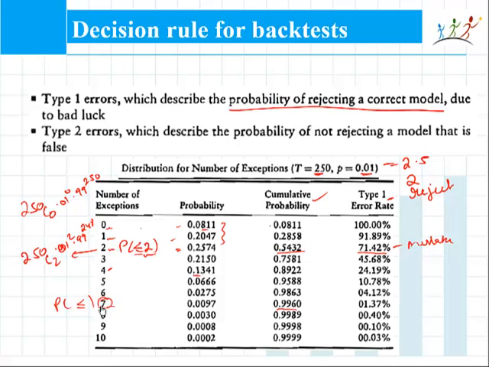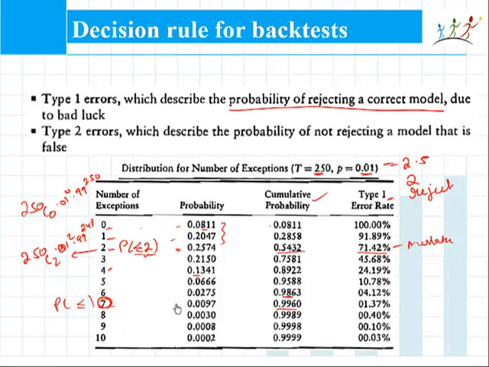If we see 7 exceptions and we reject the model, then 98.63% of the times we see less than 7 exceptions. So if we see 7 exceptions, should we reject the model or not?